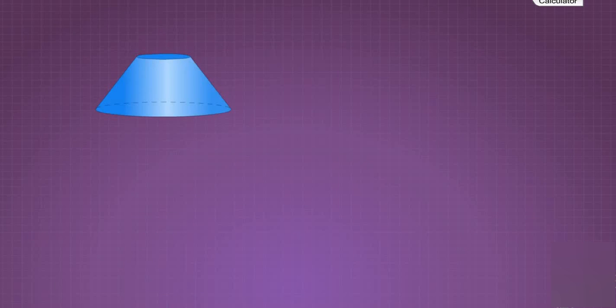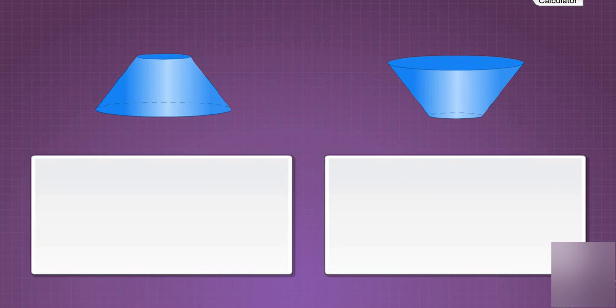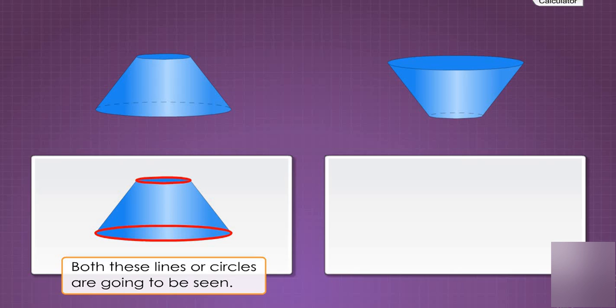Next example. Given two of the same object, with one of them being turned upside down. The object is the frustum of a cone. Draw the plan for each of these objects. Let's analyze each object when seen from the top. When the object on the left is viewed from the top, both these lines or circles are going to be seen.